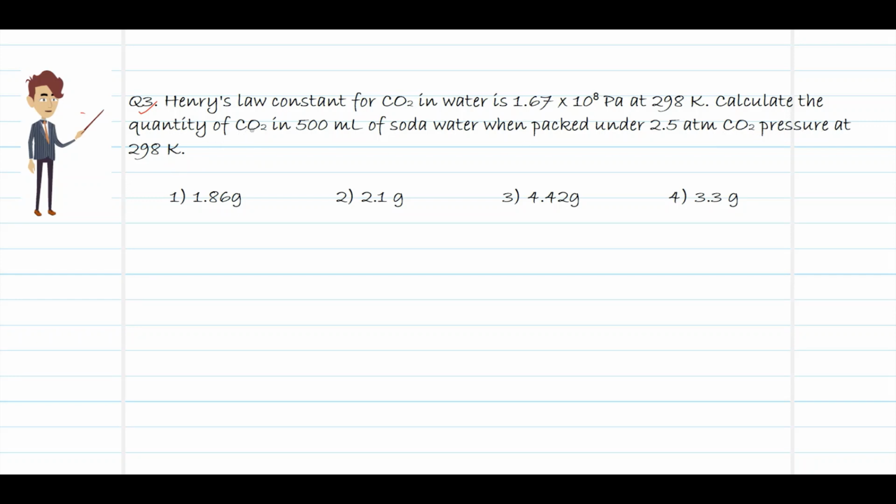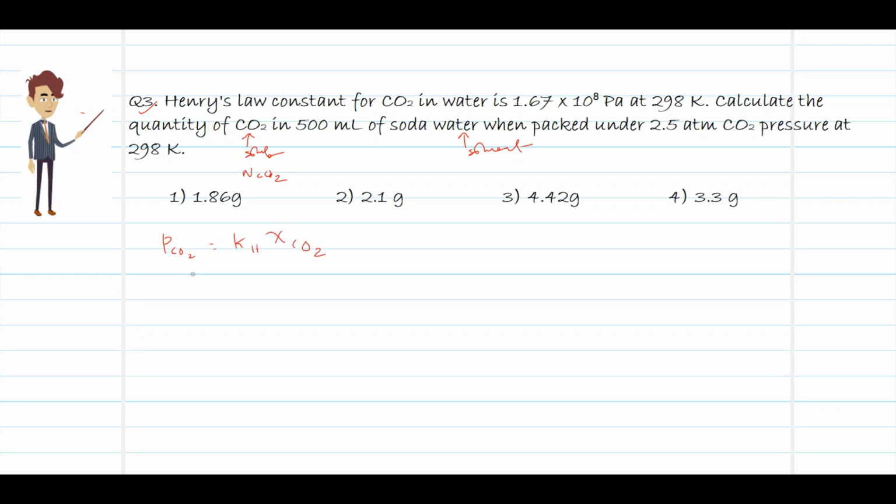In this question, CO2 is the solute and water is the solvent. We have to calculate the quantity of CO2, meaning WCO2. For solving this problem, we use Henry's law equation: partial pressure of CO2 is equal to Henry's law constant into chi CO2.